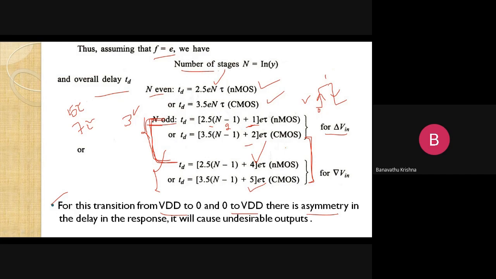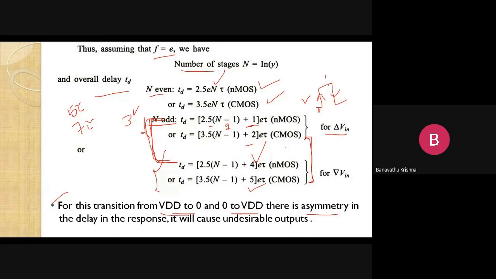Asymmetry response here. For 0 to 1 it is one type of output response, and for VDD to 0 it is another type of response. There is an asymmetric response at the output of this particular circuit.